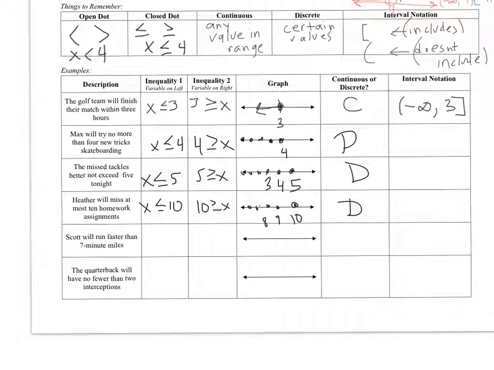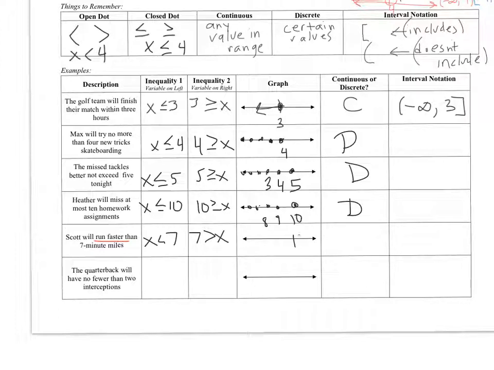Scott will run faster than 7-minute miles. This one's kind of tricky because faster when you're running is actually less than. And we're saying faster than 7-minute miles, so he has to run less than a 7-minute mile. So this is not including, and it's actually going to be continuous because it's time, because you could run different seconds involved in a less than 7-minute mile.